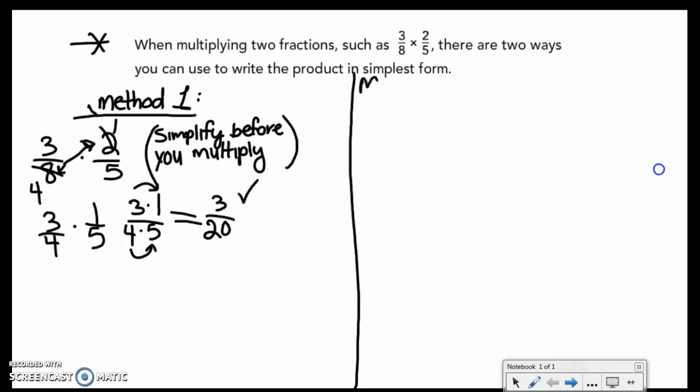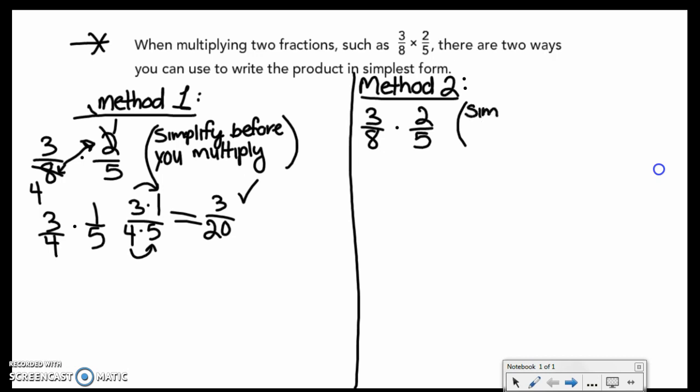Again, label it. Please excuse my handwriting. Well, that was not that bad. So we're writing the same exact fraction. We have 3 over 8 times 2 fifths. Beside that, you're going to write this.